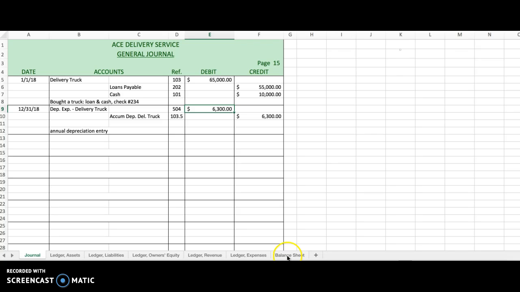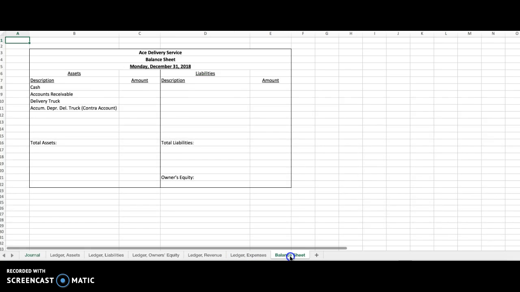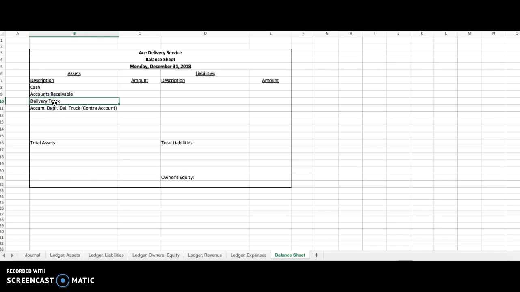And I do want to show you at the very bottom at the tab, I've also added the balance sheet. And we're not going to fill this in, but the thing that we will look at here is the fact that not only does it show delivery truck, which would be 65,000 for this balance sheet, but we will also show the balance of the contra account, which would be minus $6,300. So someone looking at it can see that the asset was valued at the beginning at 65,000.